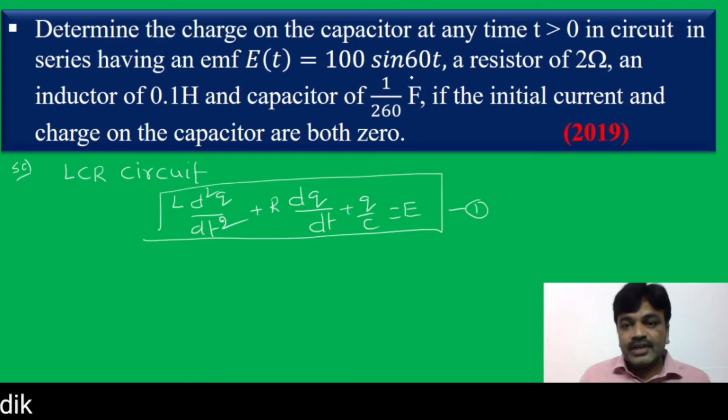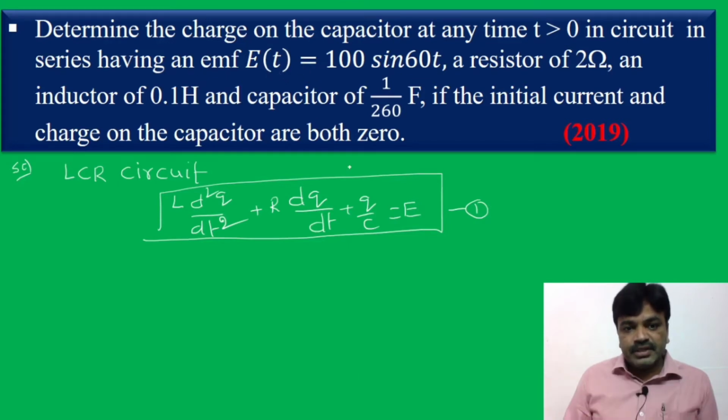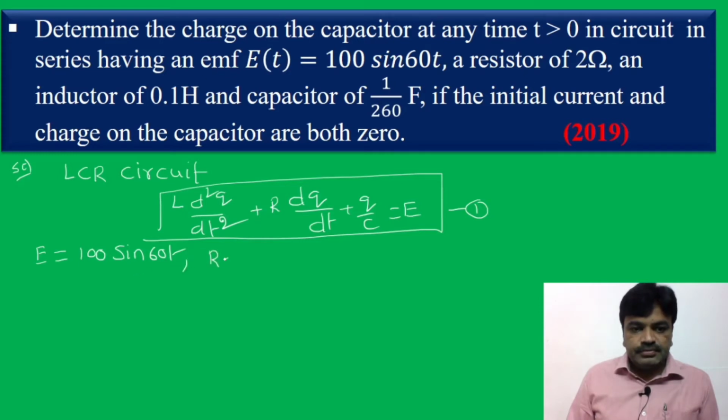Now, what is the given data? E of t is given, so E is equal to 100 sin 60t. The resistor R value is 2 ohms.